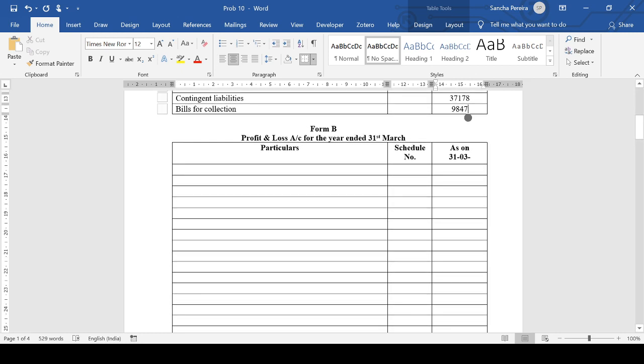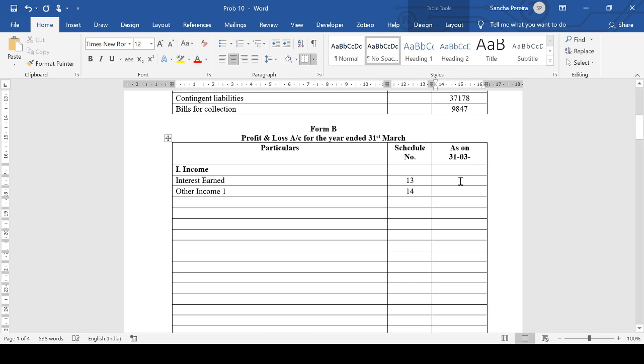Now we move on to the profit and loss. Income. So under that we have interest earned and other income. Interest earned is 13, other income is 14.